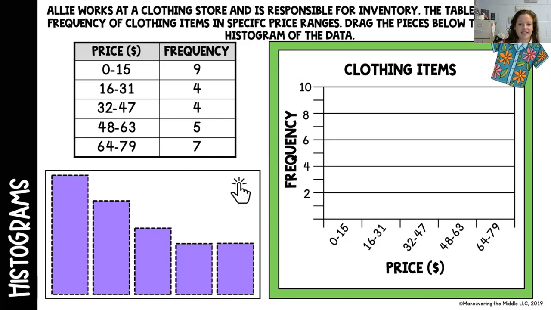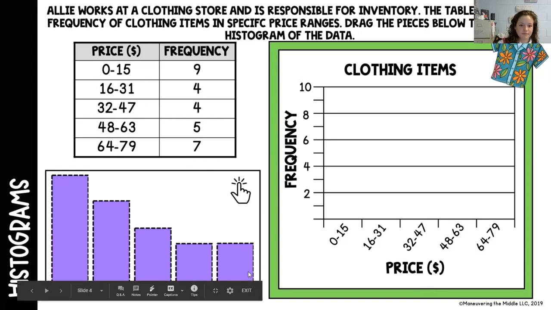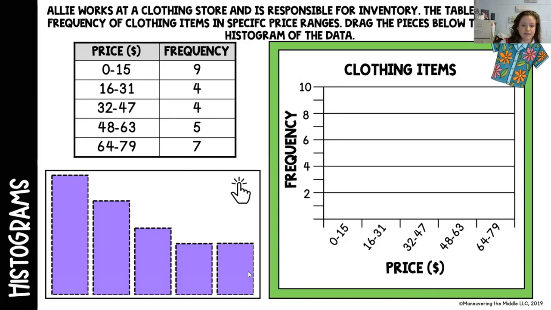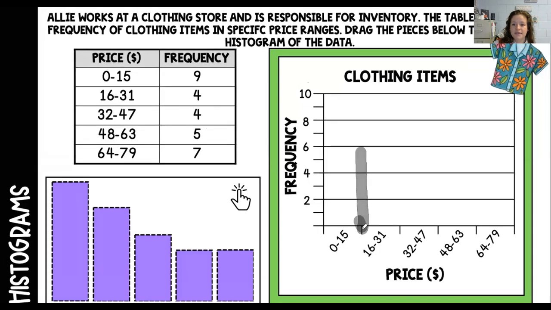Okay, so starting at this first one, we have 0 to 15. So I'm going to go back up to the table. How many was under 0 to 15? 9. So I'm going to draw this bar up to 9. Now I don't see the physical number 9, but I do see that midway mark in between 10 and 8.